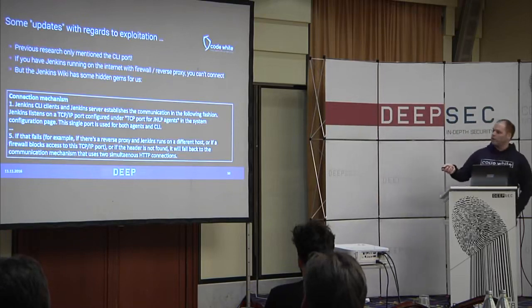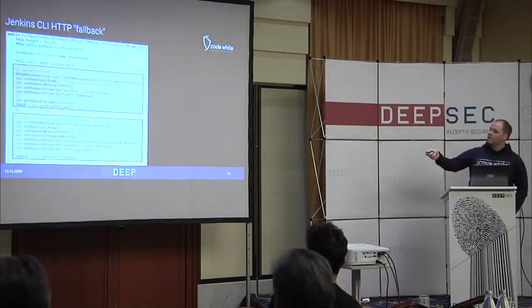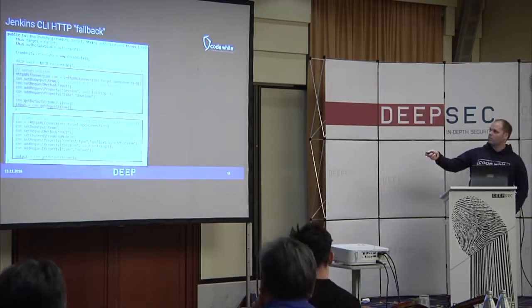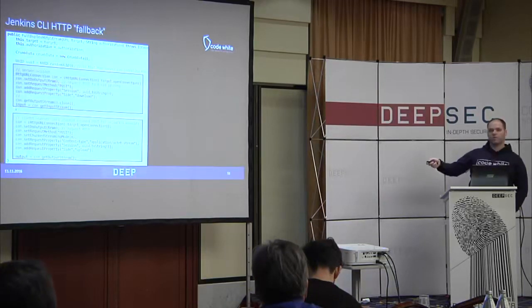When the CLI is not able to connect to the Jenkins server, it will fall back to two simultaneous HTTP connections, which means there is a class in the Jenkins client called FullDuplexHttpStream, and it will use one HTTP connection for downloading stuff from the server and one for uploading stuff. And this can be triggered over HTTP.